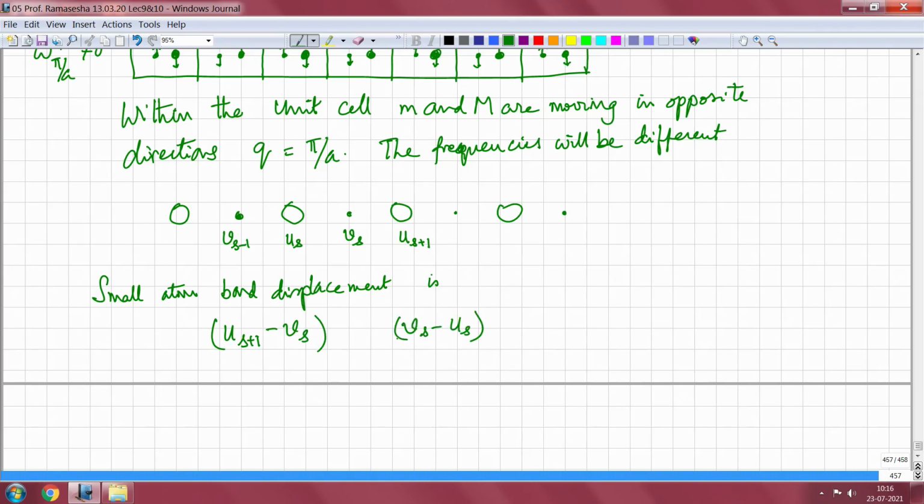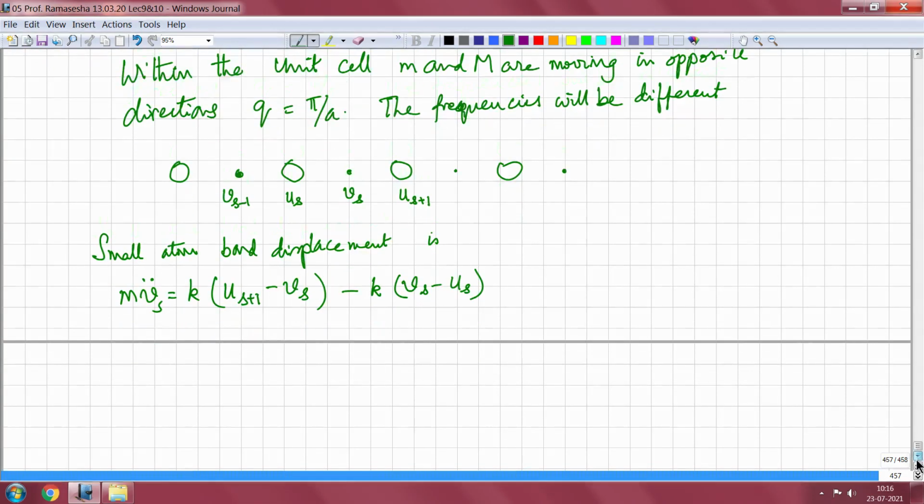So if you look at the force on that, which is m vs double dot, that is d squared vs by dt squared, this is equal to, there are 2 forces in the opposite direction, so I can write it as minus and plus here. k is the force constant: k times us plus 1 minus vs, minus k times vs minus us minus 1.